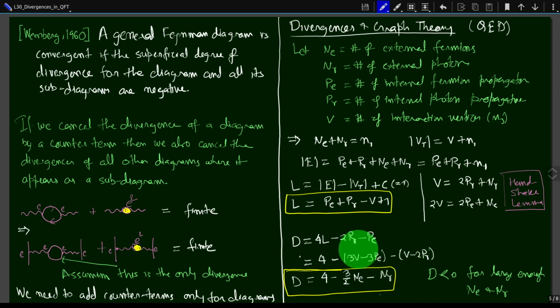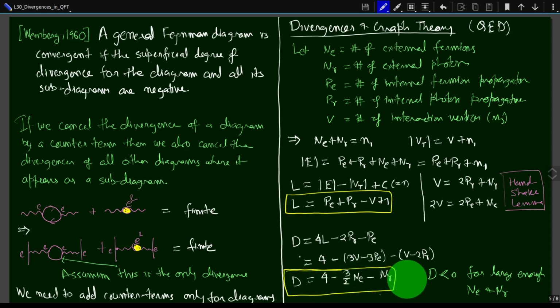If you just expand it, you'll get the exact expression that you get if you put L over here. Now suggestively bracketing means that I can use these formulas directly. So 3V minus 3PE would be just 3 by 2 NE from here, and V minus 2P gamma is just N gamma. So eventually what I end up getting is D is equal to 4 minus 3 by 2 NE minus N gamma.